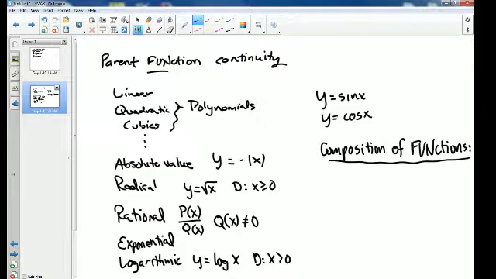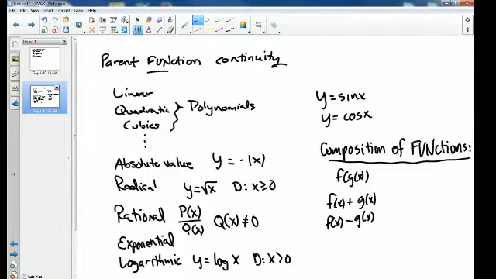Very carefully. We can subtract them. Okay, what else?